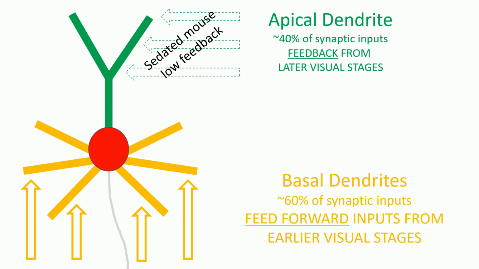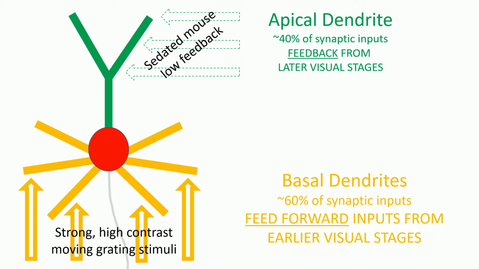The current experiment used a sedated mouse, so it is likely that feedback from later areas was minimal. Further, the visual input was a bright, high-contrast, full-field grating stimulus, a very strong feed-forward drive. So under the theory that apical dendrites are mostly for feedback, we should expect removal of these feedback inputs should produce little effect, which is exactly what the authors found.